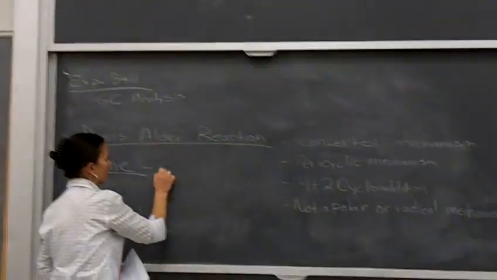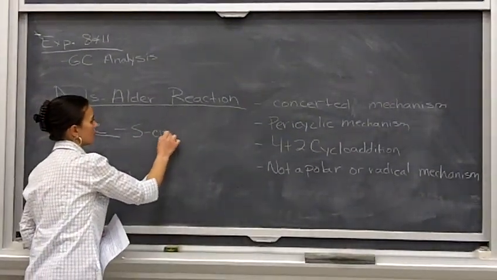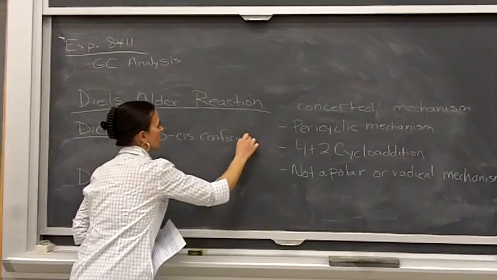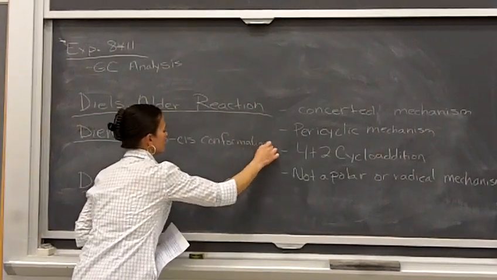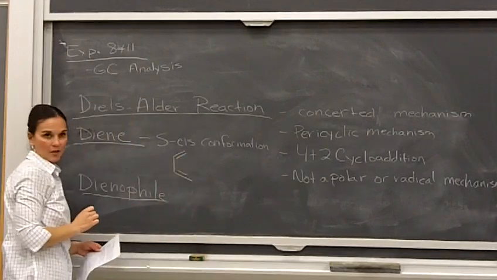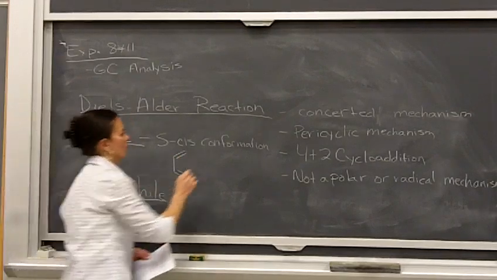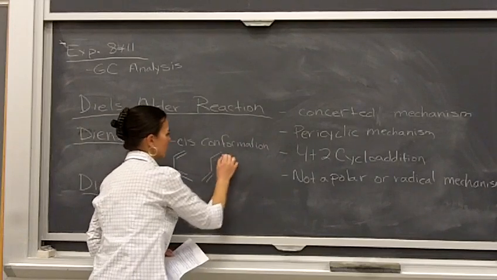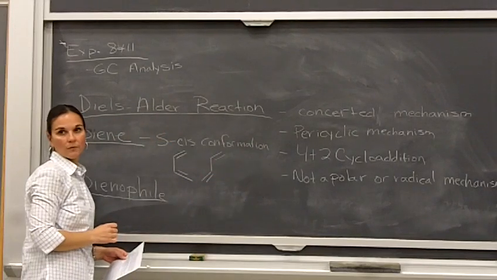Now for the diene and the dienophile. The diene needs what's called an s-cis conformation, okay? And what that does is it brings the diene in that conformation versus trans would be like that, all right?